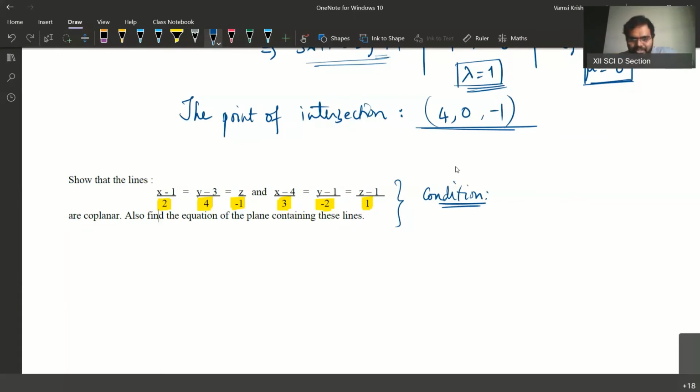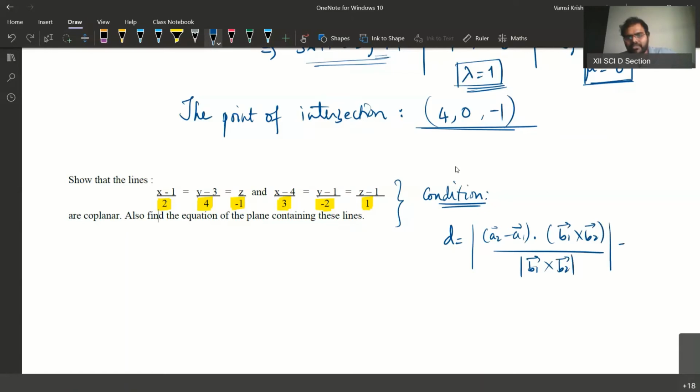So the condition here, again, is to show that the distance, (A2 minus A1) dot (B1 cross B2) upon its magnitude, is 0. Or just show that the scalar triple product of A2 minus A1, B1, B2 is 0.